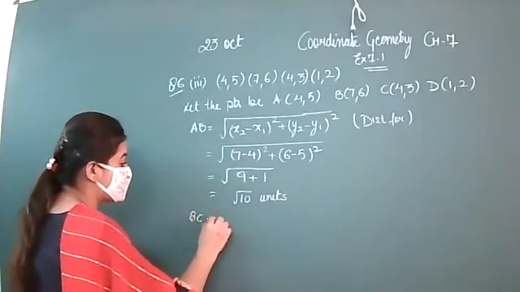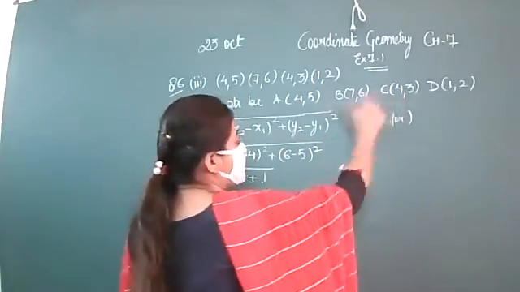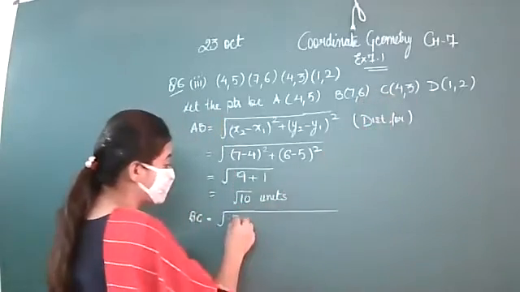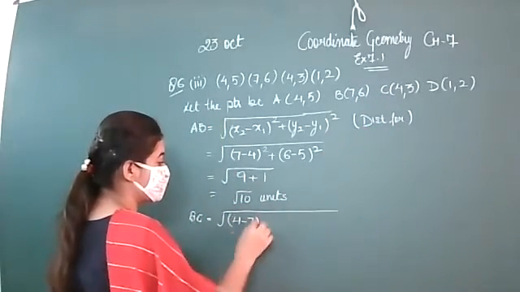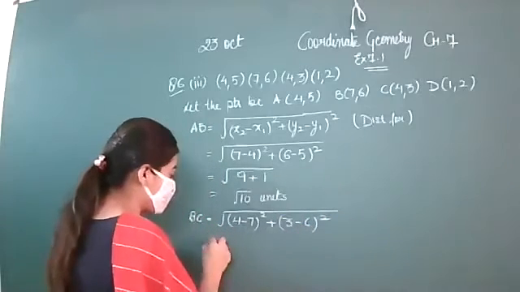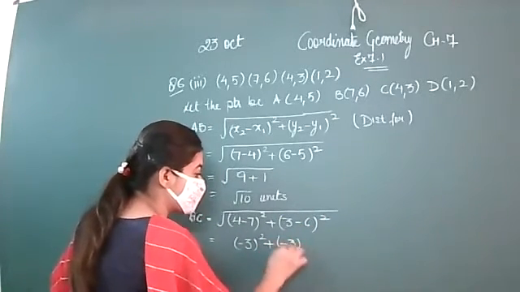Now let's find BC. For finding BC, you will again use the same formula for these two coordinates. So this is your x1, y1, this is your x2, y2. So (4 minus 7) square plus (3 minus 6) square will give you (minus 3) square plus (minus 3) square.